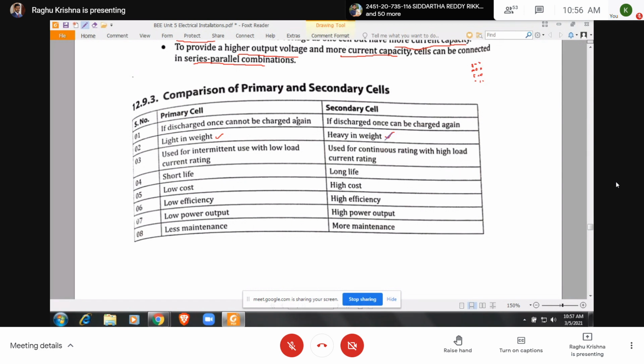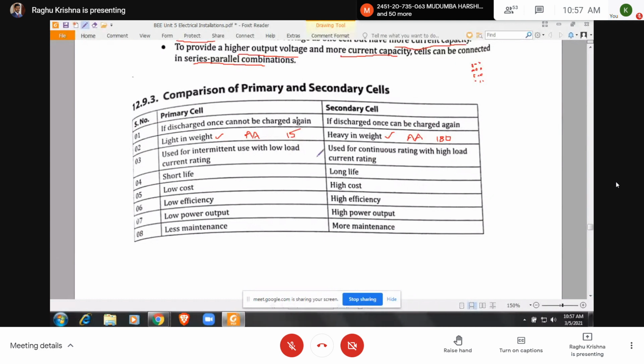If you take double A batteries or triple A batteries, let us take double A. A double A primary cell costs around 12 or 15 rupees. A secondary double A battery will cost around 150 to 180 rupees. So this is available for only 15 rupees and this is available for 180 rupees. The double A rechargeable battery is heavier than the double A disposable battery.